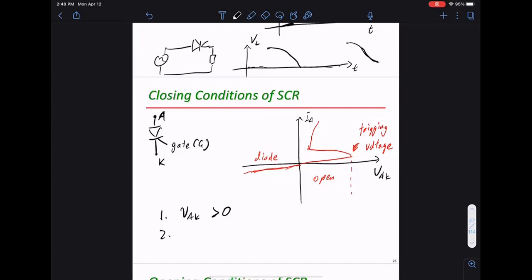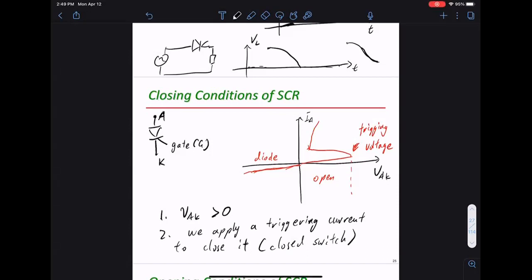Then two, we apply a triggering current to close it. This becomes a closed switch.